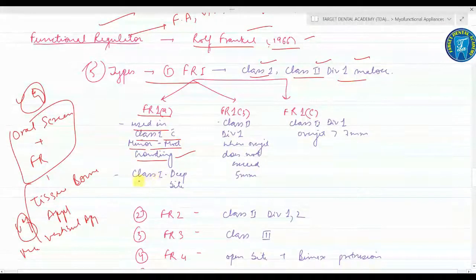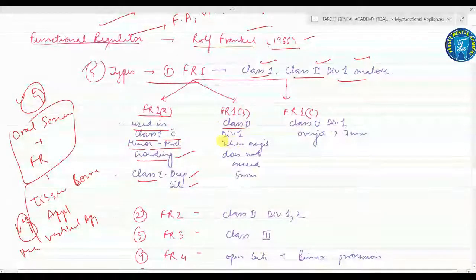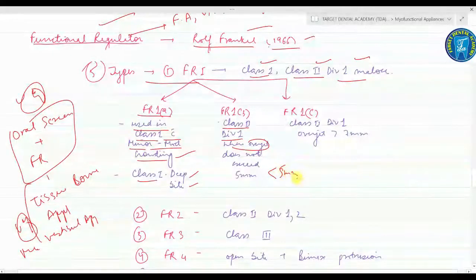It is also used in class 1 with the deep bite. While FR1B is used in class 2 division 1 where the overjet does not exceed 5 mm, and FR1C is given in class 2 division 1 where the overjet is more than 7 mm. Don't get confused, these types are very important and commonly asked MCQ.